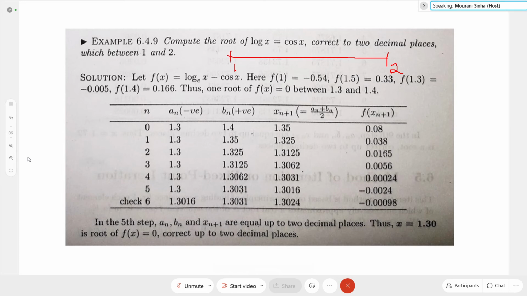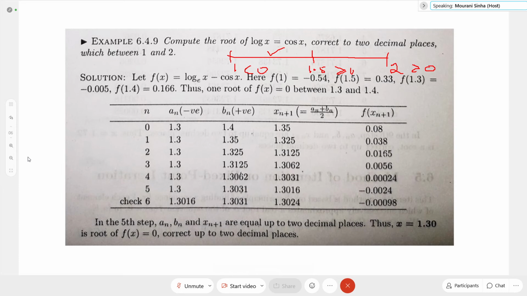They have tried to make it small actually. So what they have done, f of 1 definitely you have to find, and you get negative here, and f of 2 you get positive. We have also done that. At f of 1.5 they have again computed first, that is the middle point, and at f of 1.5 they got positive. So now they knew that the root lies between 1 and 1.5.